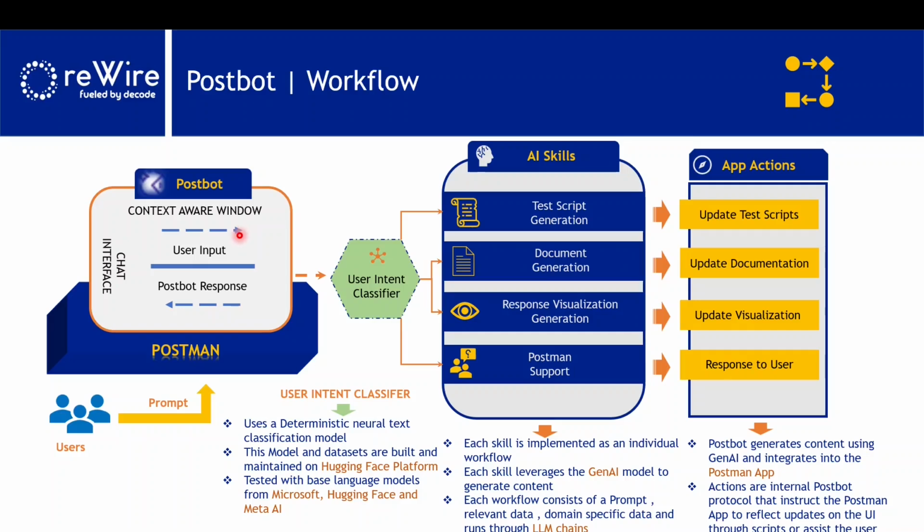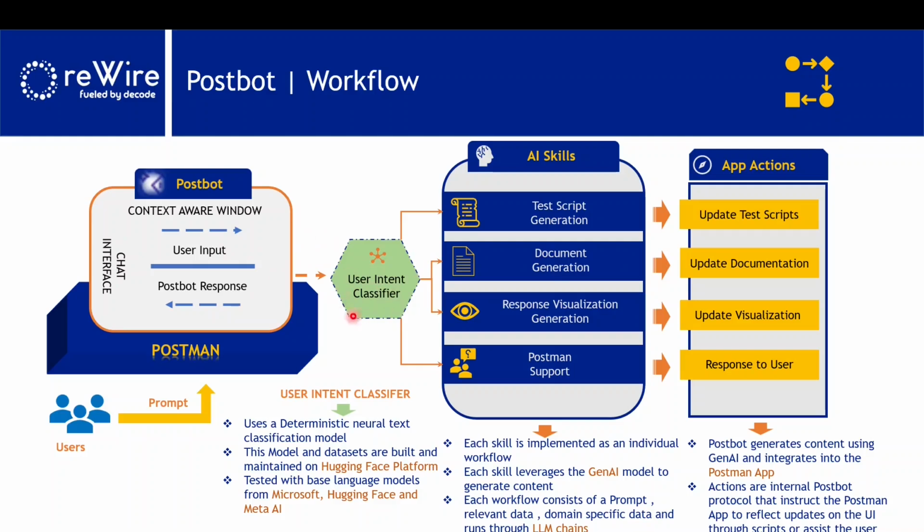Either it is a workspace, and under the workspace you have a collection, and at the collection level you can give that interface to Postbot, or you have to open the request and make Postbot generate the test or something related to that. If you are not opening the request and you are somewhere else, it will not generate the output. That is what we call context aware.